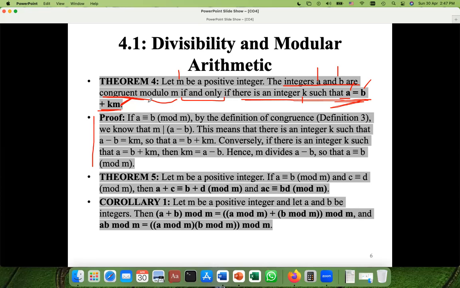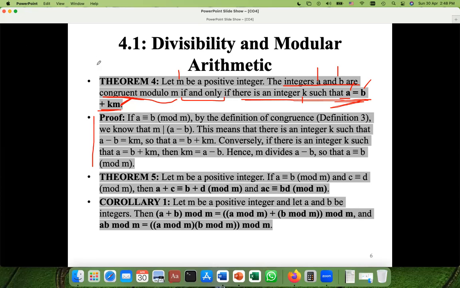If you start from the left hand side and reach the right hand side, and in the opposite direction, called conversely, you start from the right hand side and reach the left hand side, then that thing will be proved.